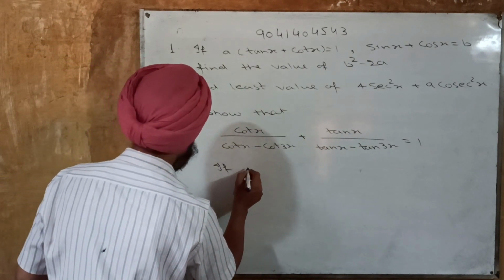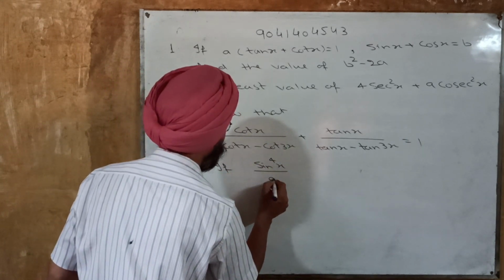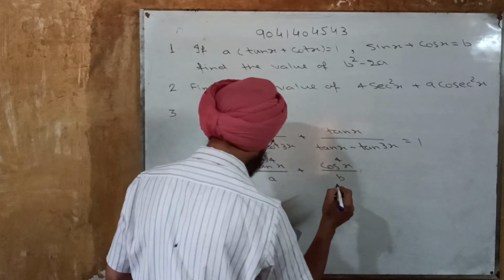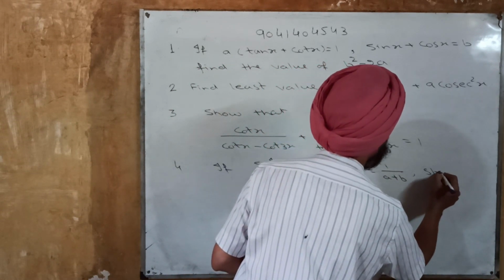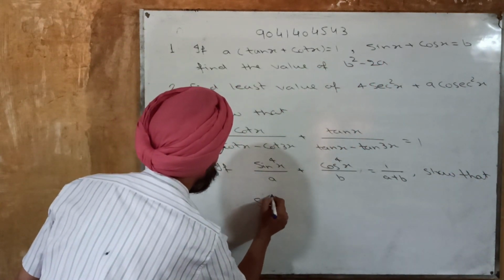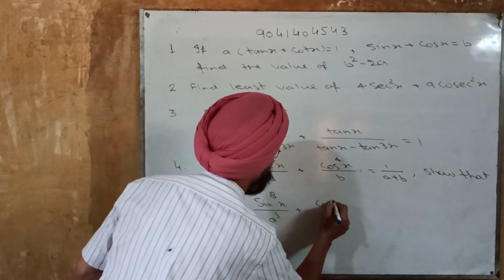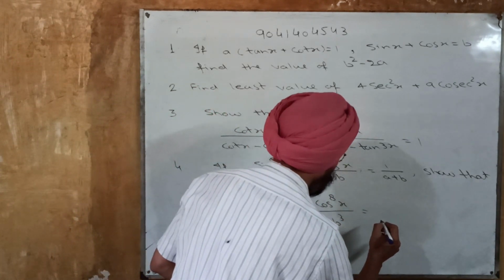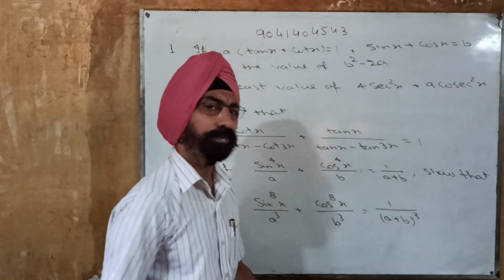If sin raised to the power 4x divided by a plus cos raised to the power 4x divided by b is equal to 1 upon a plus b, then show that sin raised to the power 8x divided by a cube plus cos raised to the power 8x divided by b cube is equal to 1 upon a plus b whole cube.